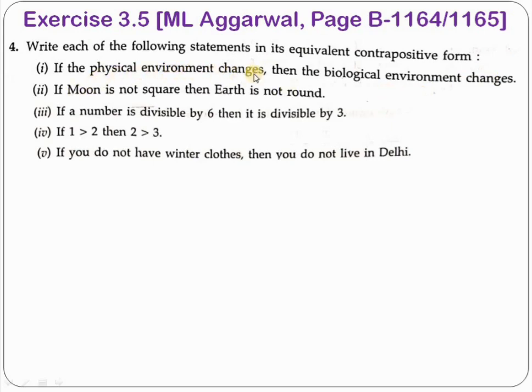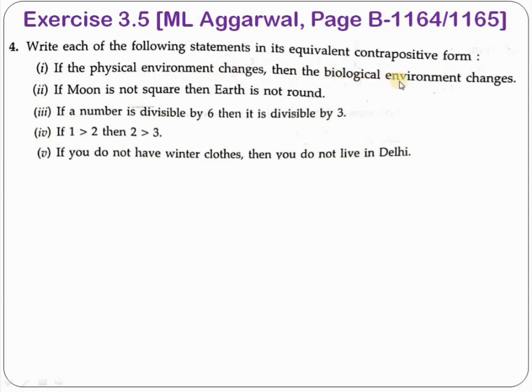Okay, so if the physical environment changes is my P, then the biological environment changes is my Q, right? So when you write the contrapositive, you have to find the negation of P and Q. So the negation of P, the physical environment changes, becomes the physical environment does not change.